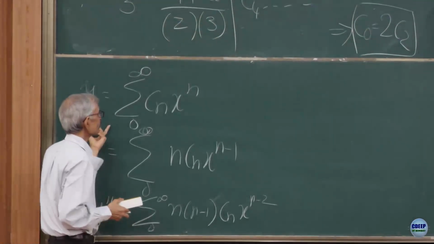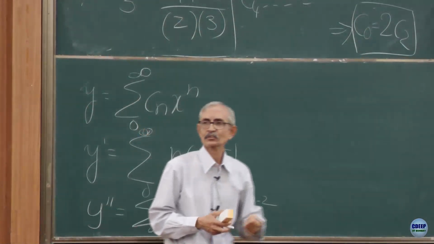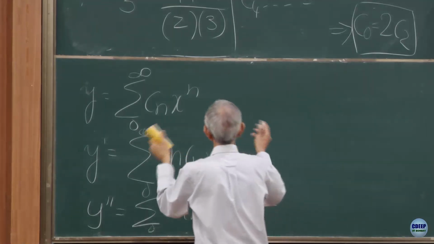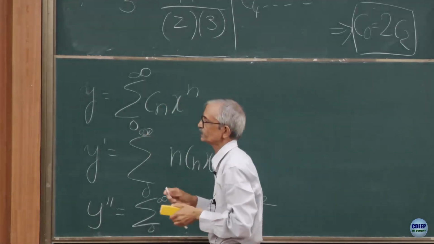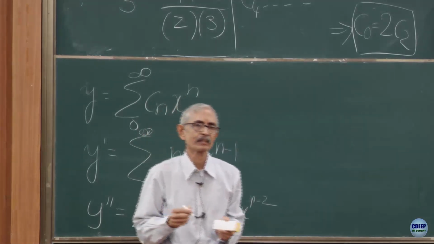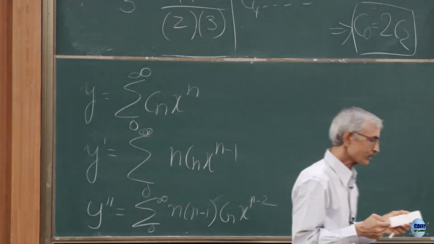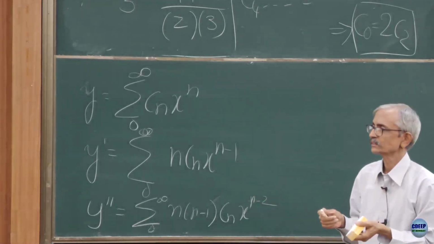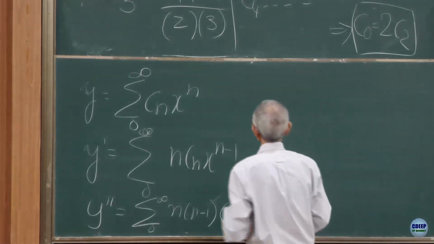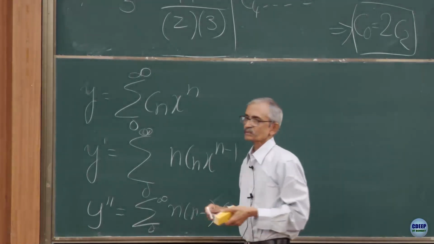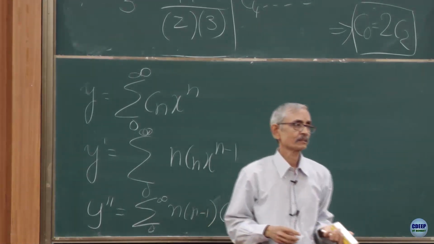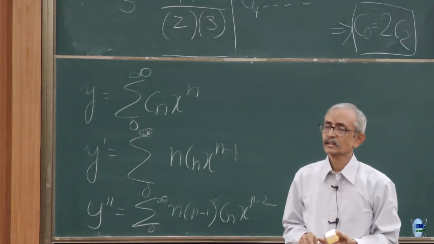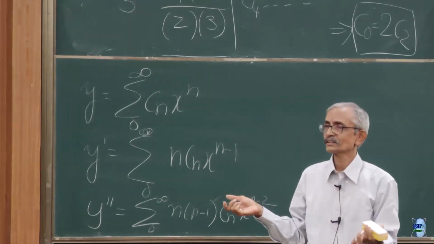So we started with y equal to summation Cn x to the power of n, and we said that the differential equation was given to me. We did all this algebra and we got now all C's except C0 and C1. So is that something which is comfortable or not? I had a differential equation.